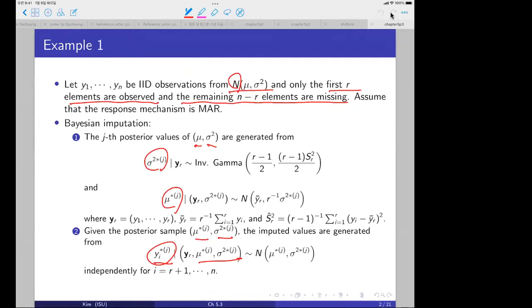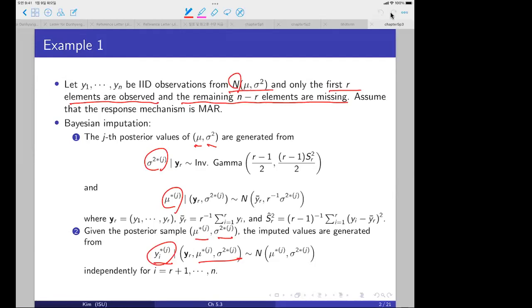And this multiple imputation can be used if you have all the models. So this idea, the example here, all assume missing at random, but you can still apply it to non-uniform missing, as long as you can generate the posterior values of the parameters in the model.